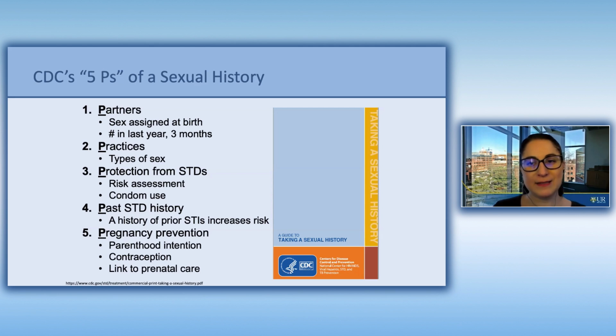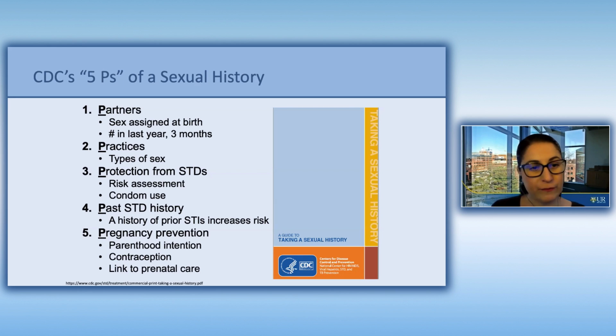Protection from STDs, so this is the language from this PDF, really, as you know, we refer to it as STIs, and that's part of the risk assessment and seeing if condom use is something that could use a little work. Past STI history, so we know that a history of STIs can increase the risk of future STIs.